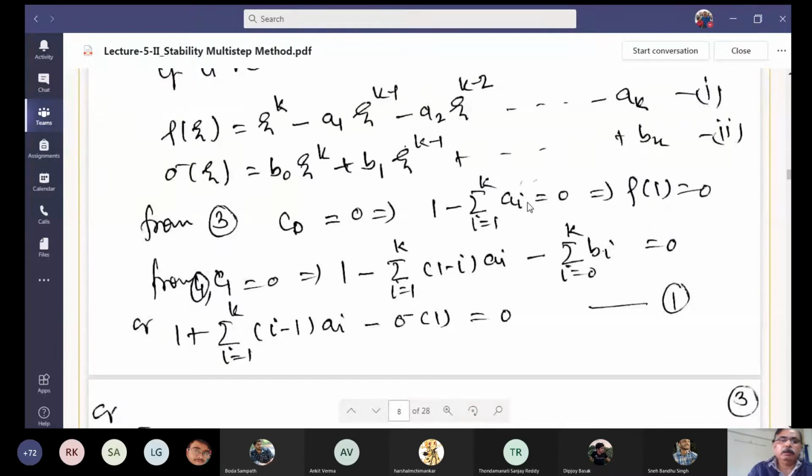But rho(1) is 1 minus a1 minus a2 and so on, minus ak. This is the same thing: 1 minus a1 minus a2 and so on equals 0. This says it is the same as rho(1) equal to 0, the first condition you have for consistency, that C0 equal to 0. Is this clear?